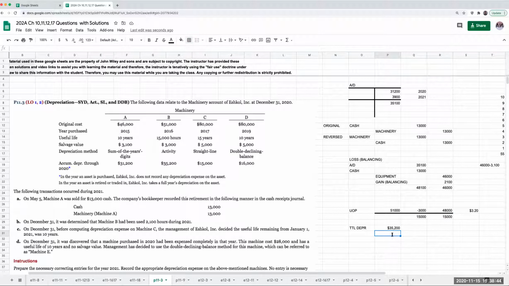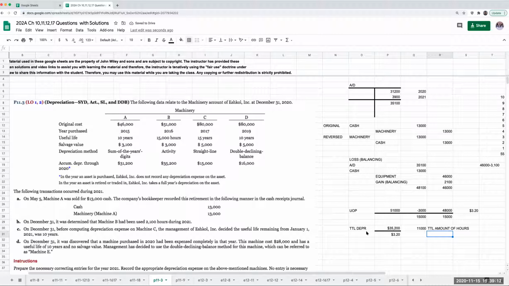So if I take 3.2 and divide this through, I get 11,000. So to date, I have used 11,000 hours. This is the total amount of hours I have to date.